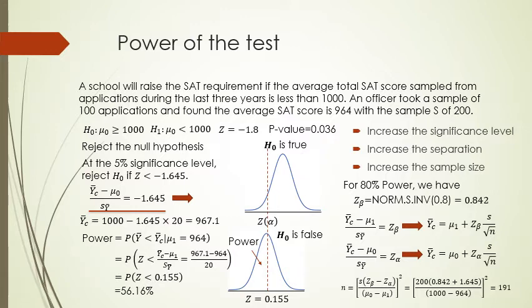In the end, we have the minimum sample size of 191. We need at least 191 applications to have an 80% power. Of course, if we have such a sample, the sample mean may change too. Thus, the test power may not be 80%.